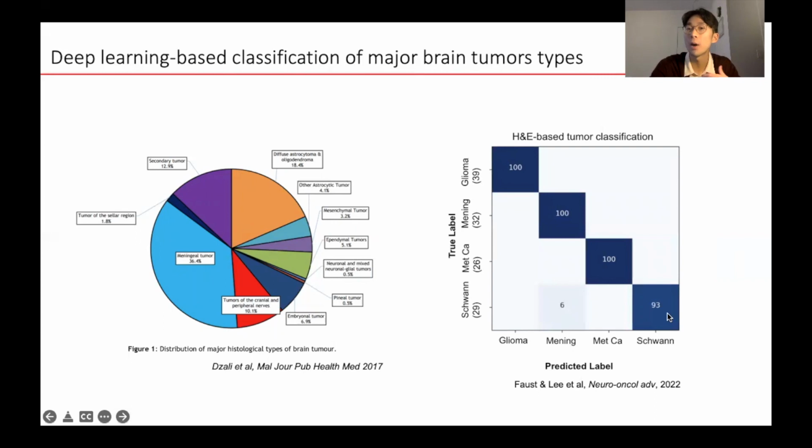If it's SOX10 positive, you know for sure it's schwannoma. But if it was negative, then all of a sudden, for these two that were misclassified as meningioma, we won't be able to say for certain whether it was meningioma anymore. That's the importance of molecular markers, not just for subclassification, but also to ensure that the preliminary results from the histomorphologic semantic segmentation were indeed correct.